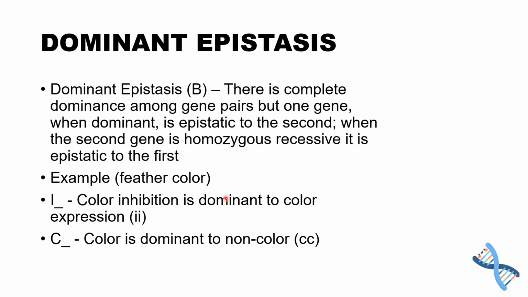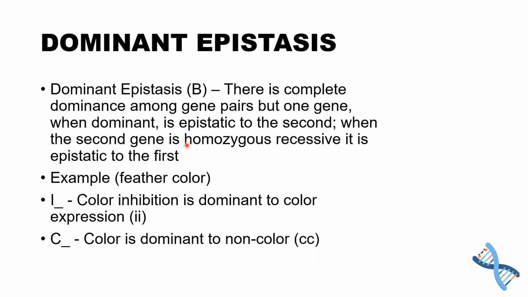Now, another example, kasi yun yung isang type, unang type ng dominant epistasis. Dito naman sa dominant epistasis na second type, there is a complete dominance among gene pairs, but one gene when dominant is epistatic to the second. When the second gene is homozygous recessive, it is epistatic to the first.